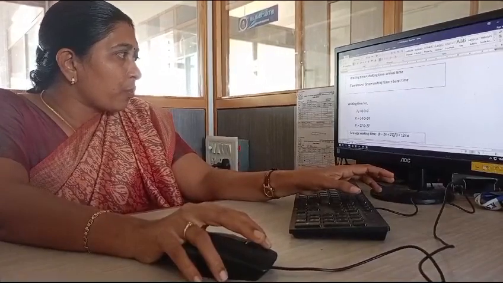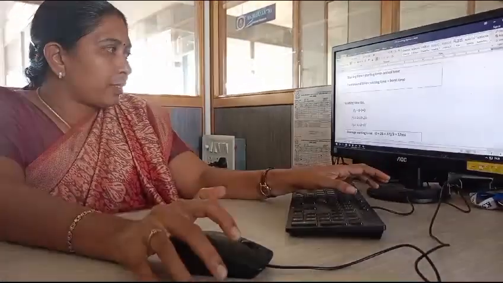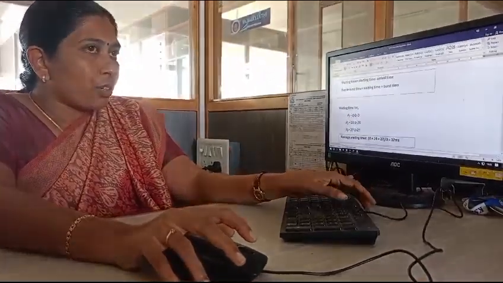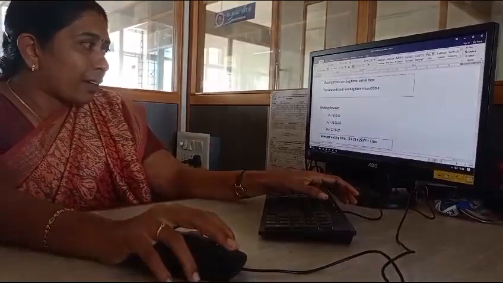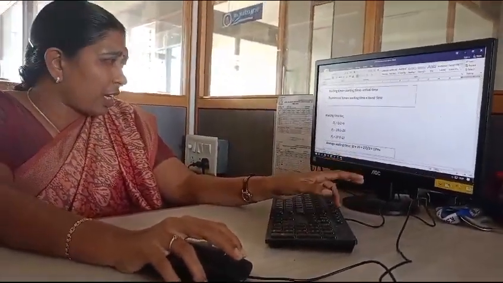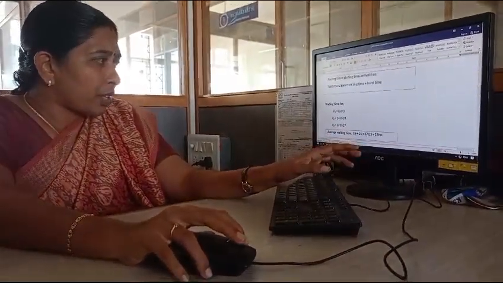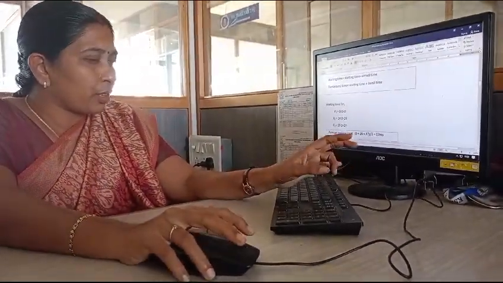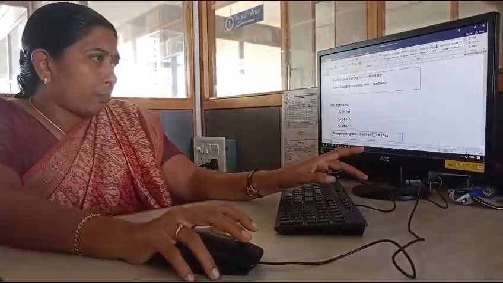For process P2, the process waits for 24 milliseconds till the completion of process P1. So its starting time is 24 and its arrival time is 0. So 24 minus 0 is 24. And for process P3, it waits for around 27 milliseconds, that is 24 milliseconds for process P1 execution and 3 milliseconds for process P2 execution.